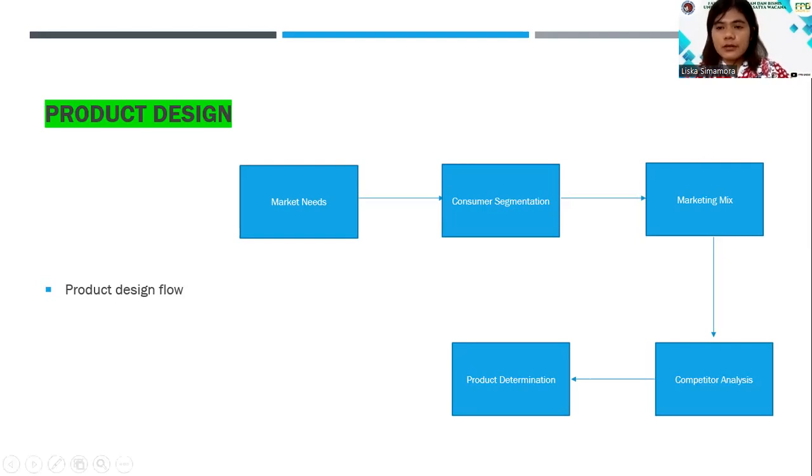And then this product design will adjust the marketing mix. And product design will also lead you to analyze your competitor, whether your product is similar and what is the uniqueness of your product, even if it is similar to others.